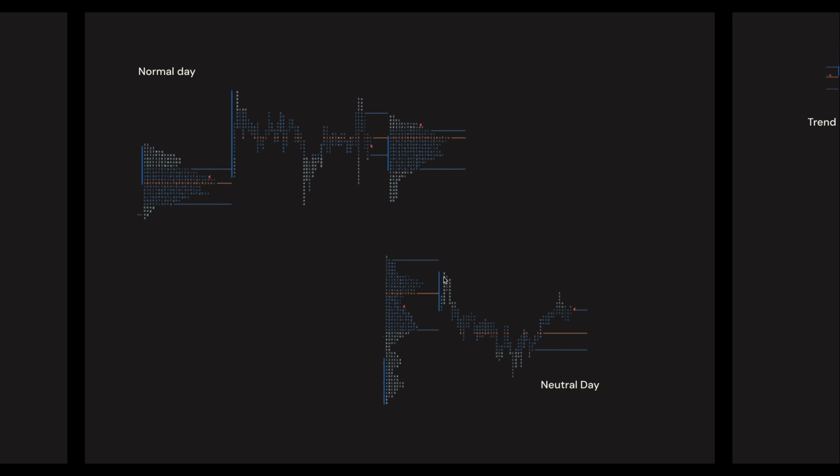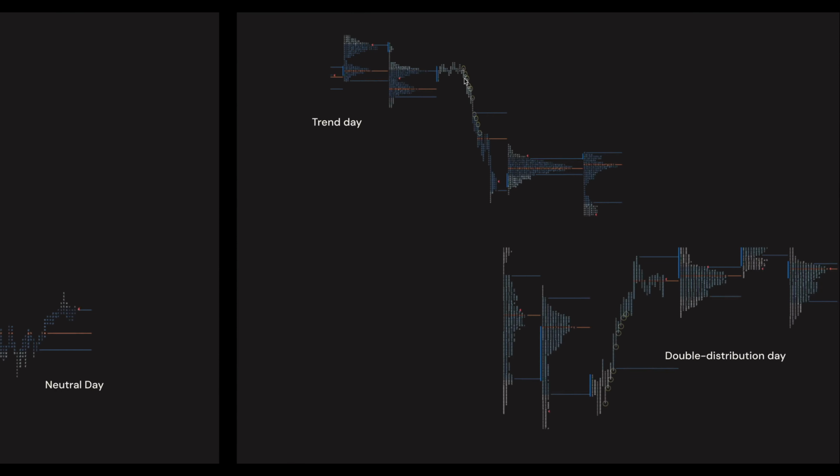The neutral day, this is kind of the most normal one where you have a relatively small initial balance and market will break it to one side and move and use it as any sort of level. This is a basic simple day. The trend days usually have a very small initial balance. Market will move and establish this sort of trend, which is signaled by this one time framing I mentioned before.